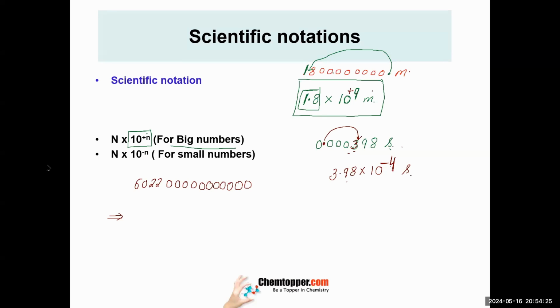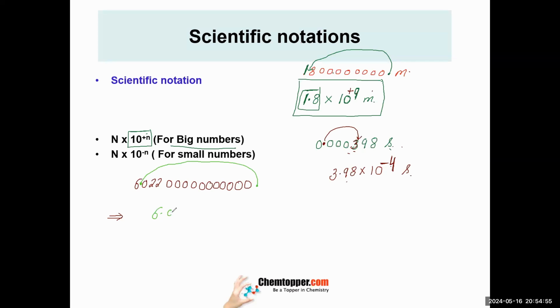So according to the rules, where should the decimal move? Now here there is no decimal, so it means it is at the end. So where will the decimal go? It will go after the first non-zero digit, which is 6. Here, how many places has it moved? 1, 2, 3, 4, 5, 6, 7, 8, 9, 10, 11, 12, 13, 14.